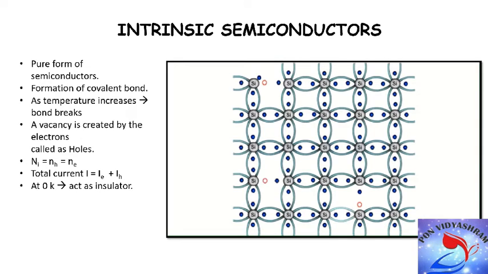Recombination of electrons and holes and generation of electrons and holes will be present. And the number of electrons will be equal to the number of holes. That is, if an electron moves, a hole will be generated, and again another electron will come and occupy its place. And the total current produced in an intrinsic semiconductor will be the current due to the electrons and the current due to the holes.